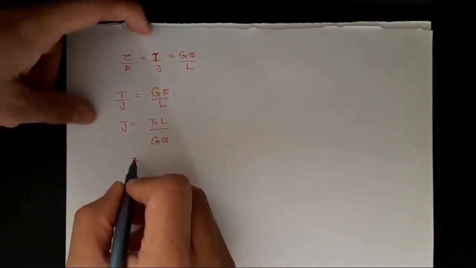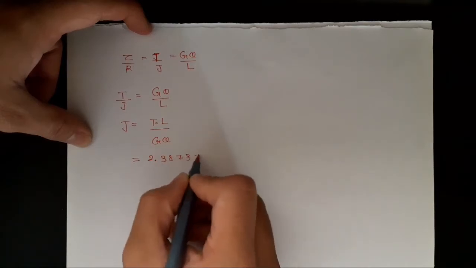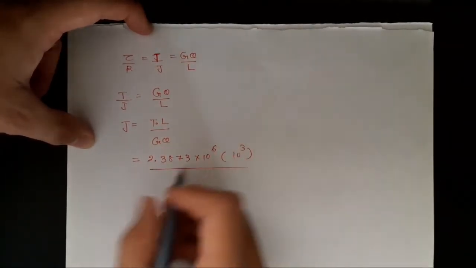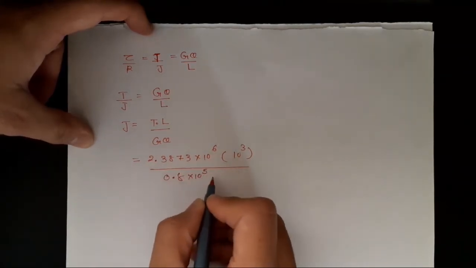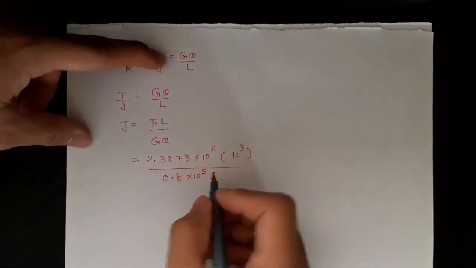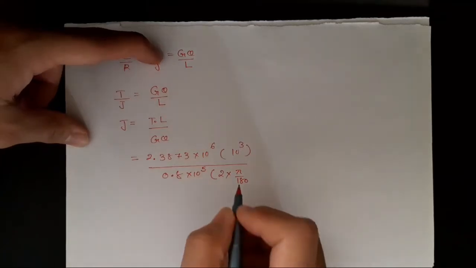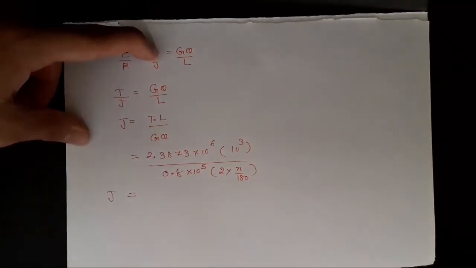T is 2.3873 into 10 raised to 6, length is 10 raised to 3 mm, G is 0.8 into 10 raised to 5. Theta is in degree, so we have to convert it into radian, so 2 into pi by 180. Calculating this, we will get the value of J.